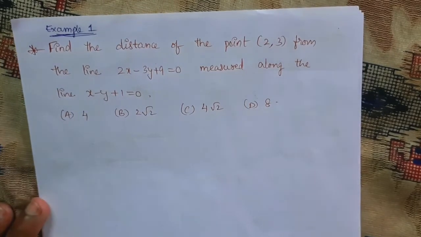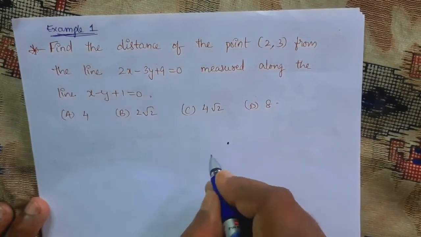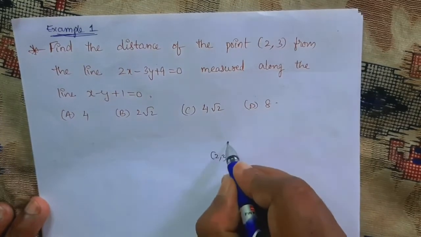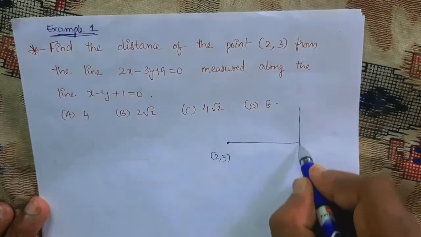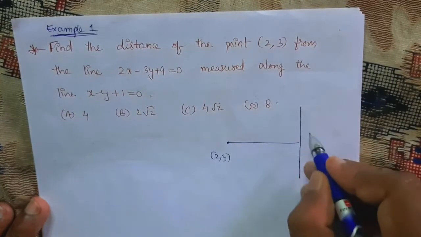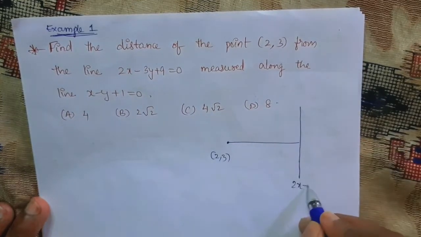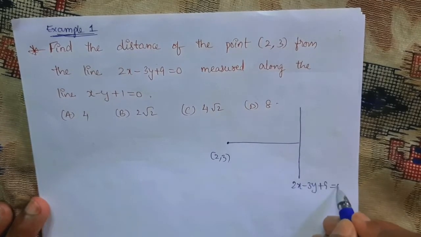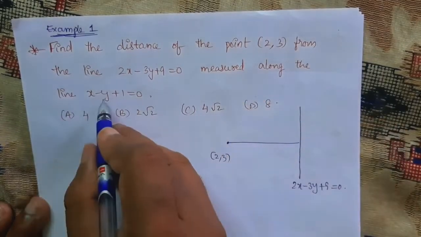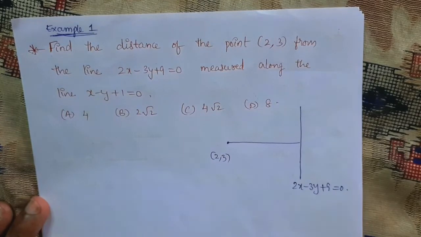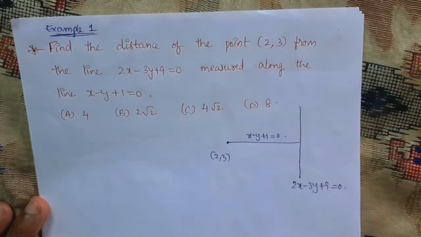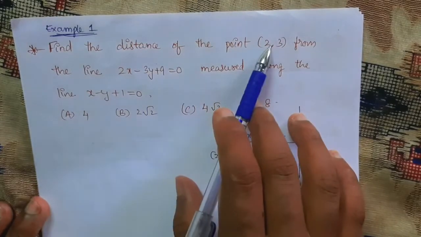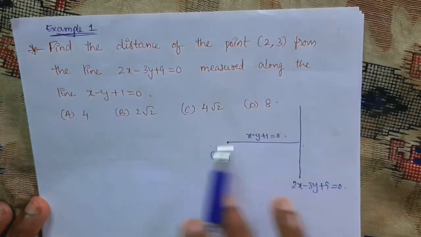So here we need to find the distance of the point 2, 3 from the line 2x minus 3y plus 9 equal to 0, measured along the line x minus y plus 1 equal to 0. Now we need to find the distance of the point 2, 3 from this line.